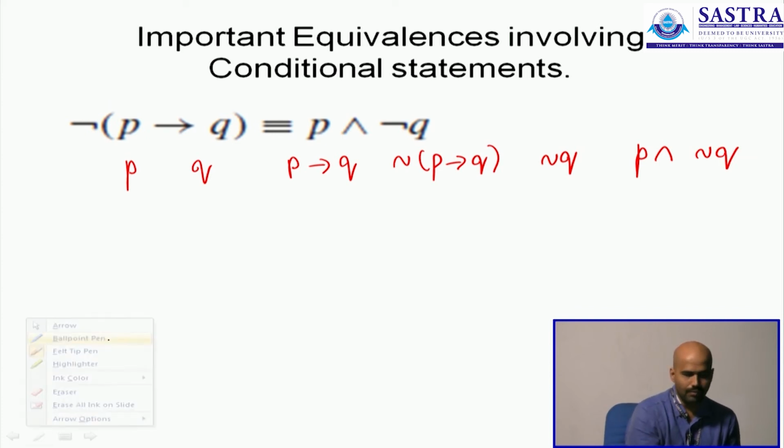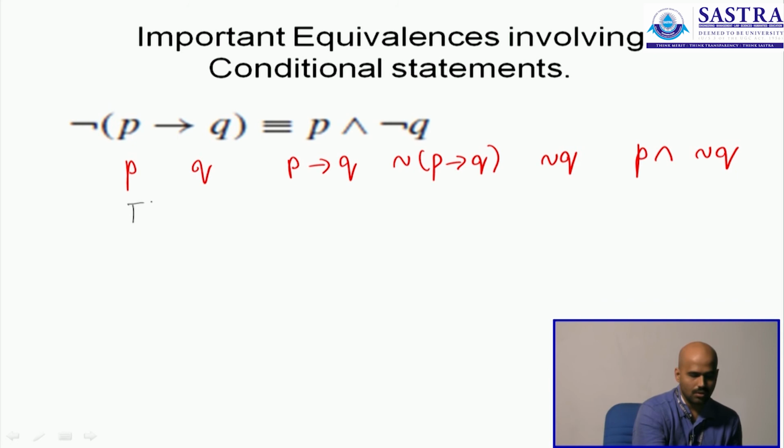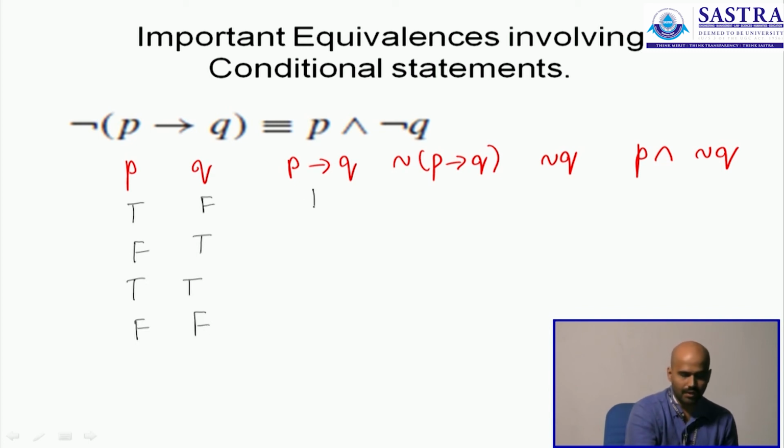Once again, it involves only 2 statements. So you will have only 4 rows in all, and just like the previous slide, a conditional admits only one false value, therefore its negated version will admit only one true value.